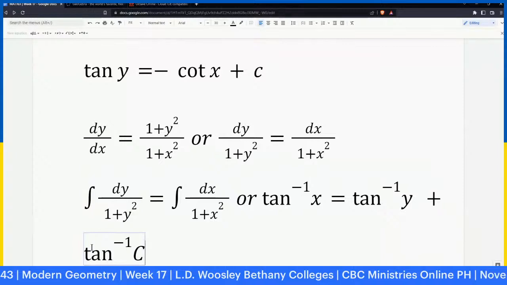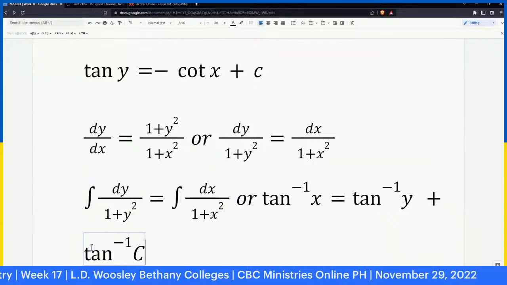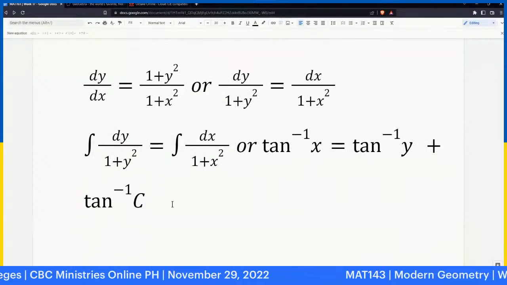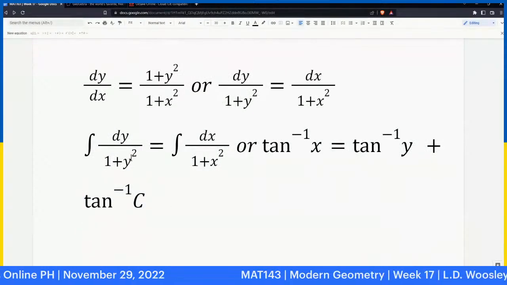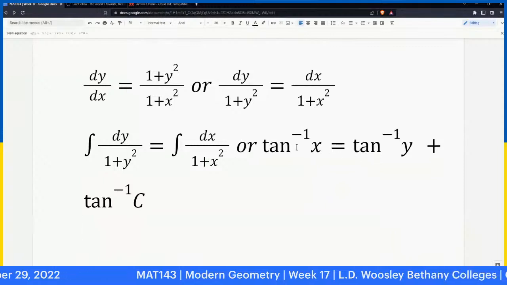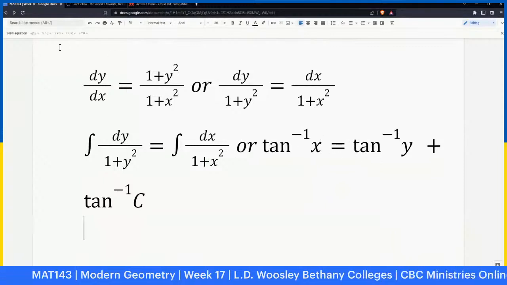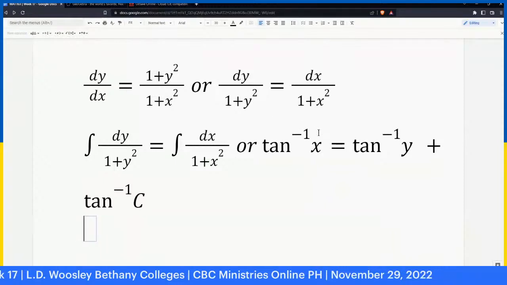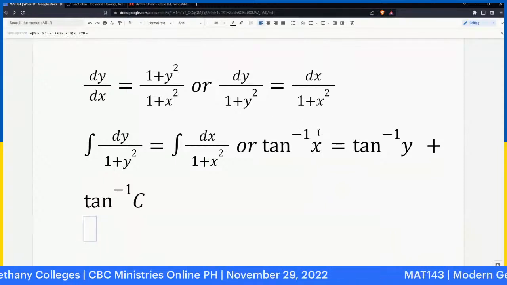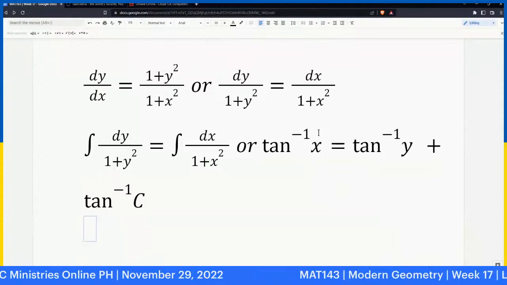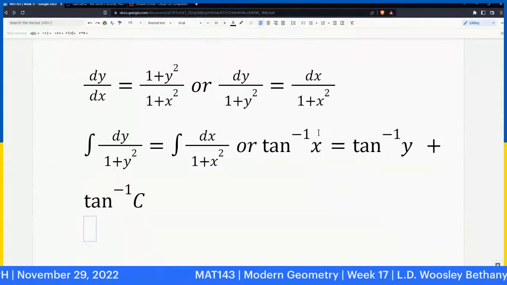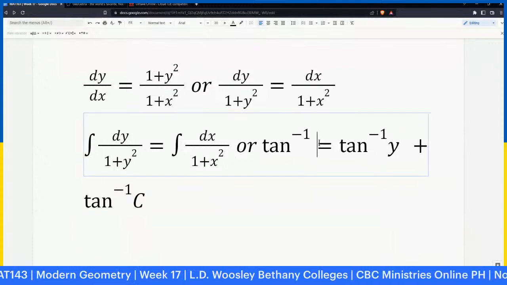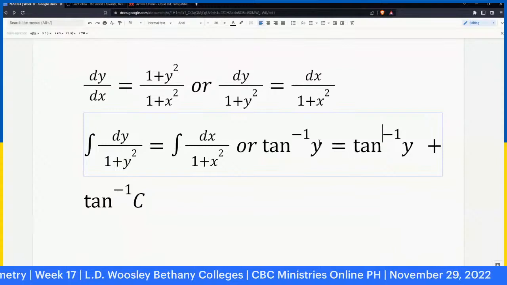All right. So here, we could further simplify this by solving for y. If we will transpose the arctangent to the other side, what will be the answer? I'm sorry, baliktad pala ako. This is supposedly y, this is supposedly x.